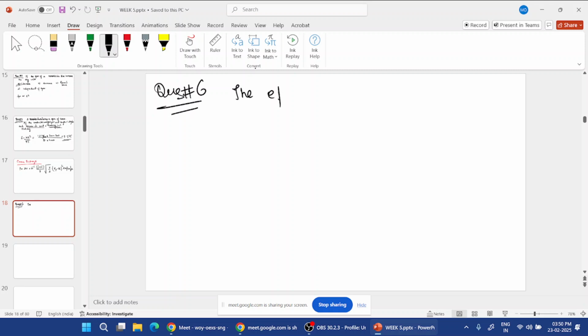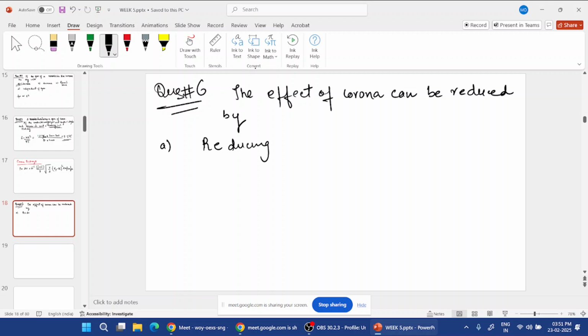The effect of corona can be reduced by: A, reducing the spacing between conductors.